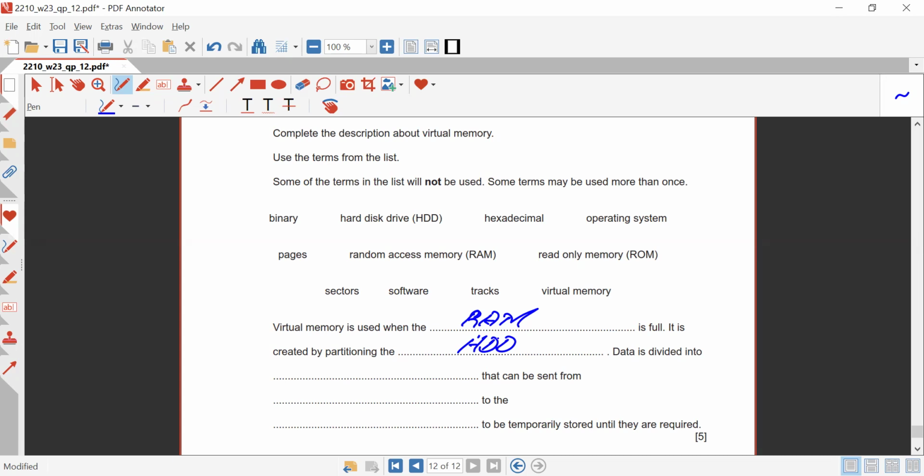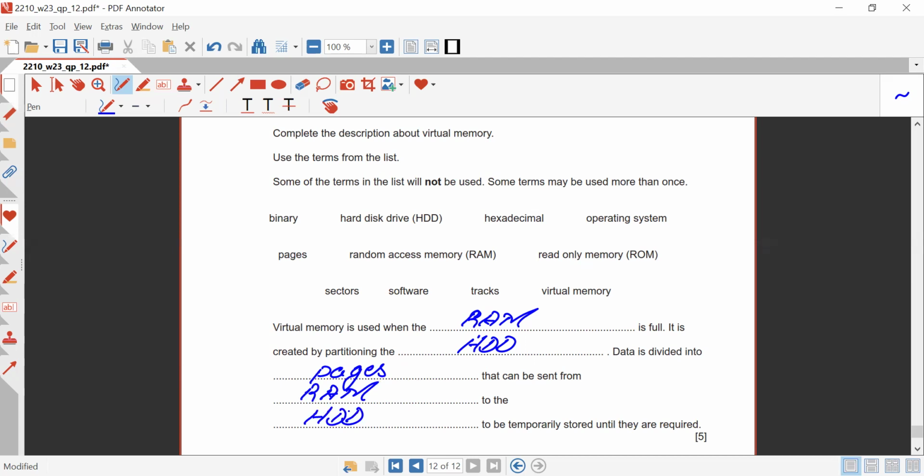Data is divided into dash that can be sent from dash to the dash. Data is divided into pages. Do remember that data is always divided into pages that can be sent from the RAM to the hard disk drive to be temporarily stored until they are required.